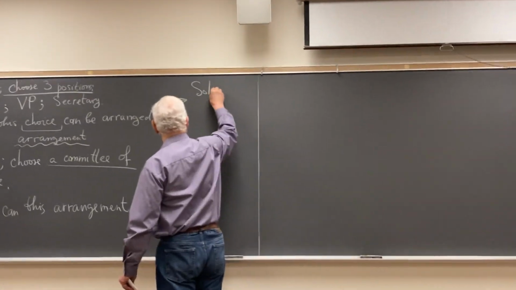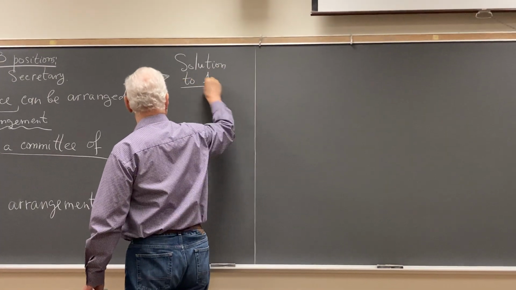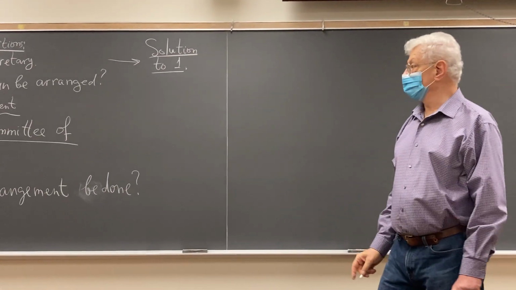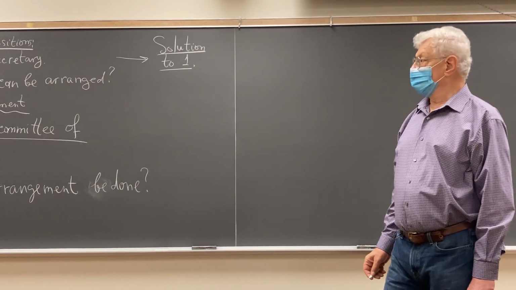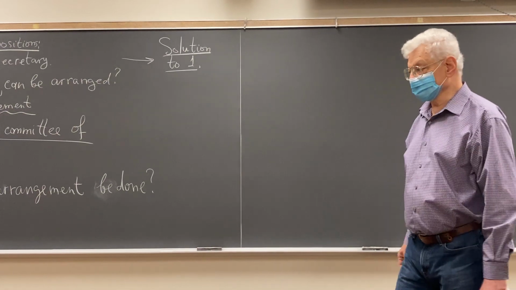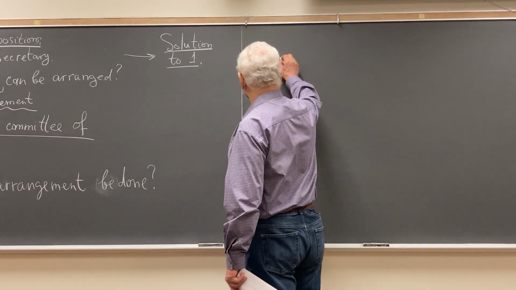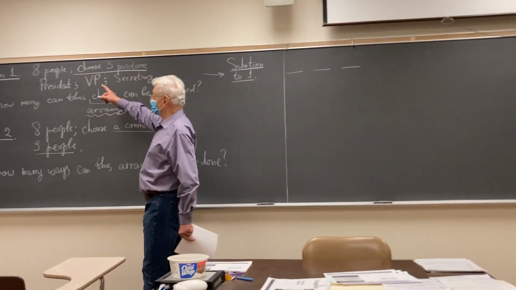Solution to number 1. Let's work in the same way as we did before for solving problems of that kind, using the multiplication rule. So we have 3 positions, and we have 8 people.